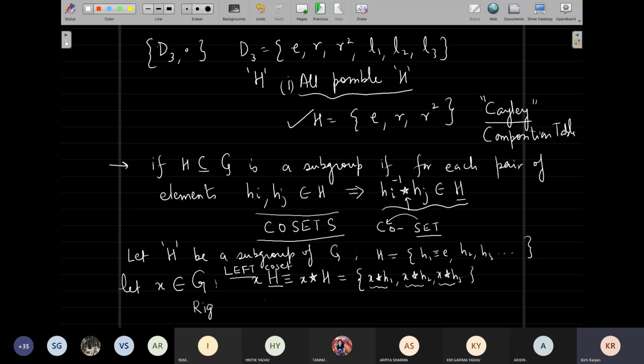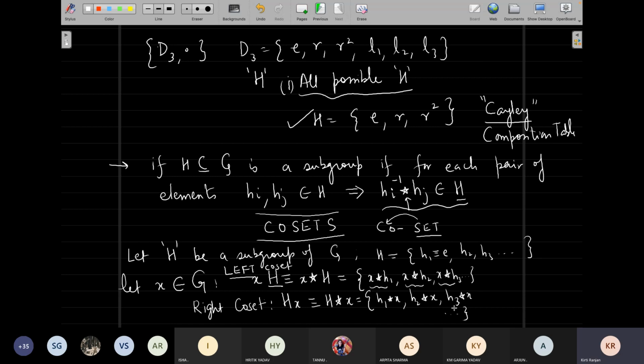So can you give me the tough one, the right coset then? Definition only, nothing beyond that. Sir, Hx equals Hx, right? Which is identical to H star X: H1 star X, H2 star X, H3 star X, and so on.